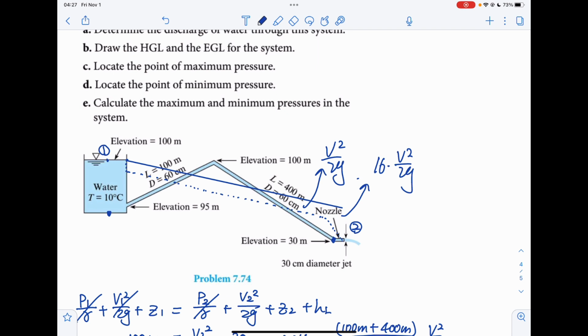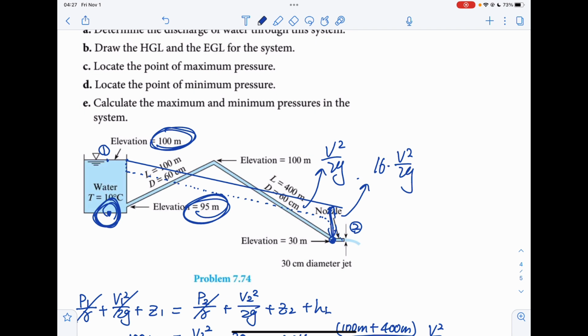For this problem, because we have an elevation of 100 meters and an elevation of 95 meters, it will have only 5 meters of additional pressure head acting at the bottom of the tank, and this value will be much smaller than the point here. Okay, because we actually have a very high velocity head at the end of the system.